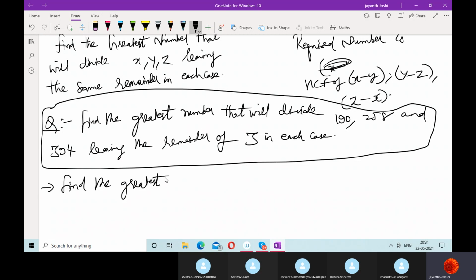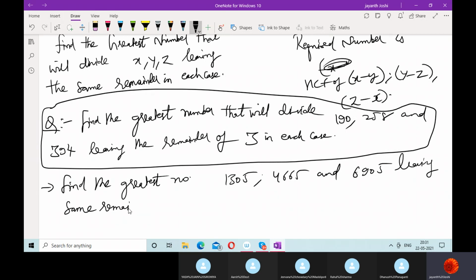Okay, you continue the same thing. Find the greatest number that will divide. Come on, do this.